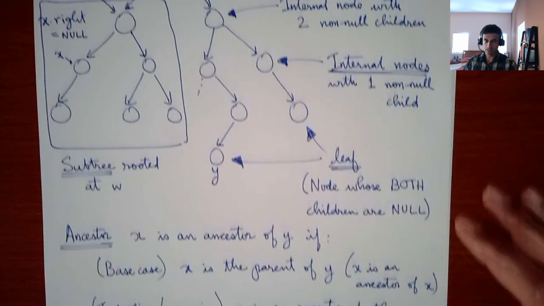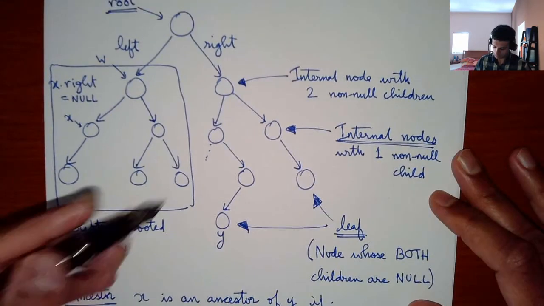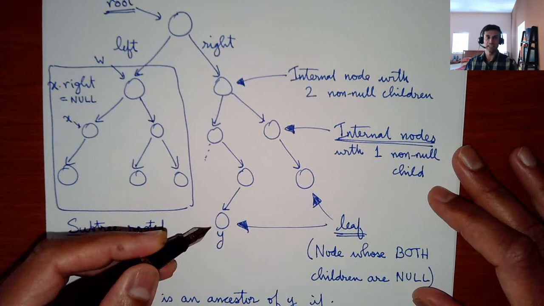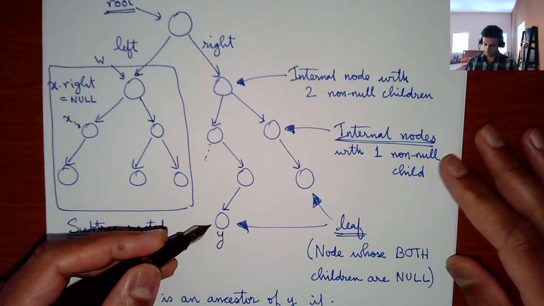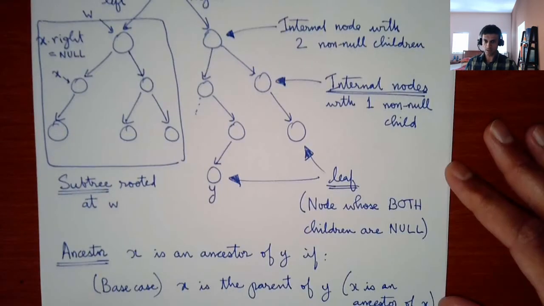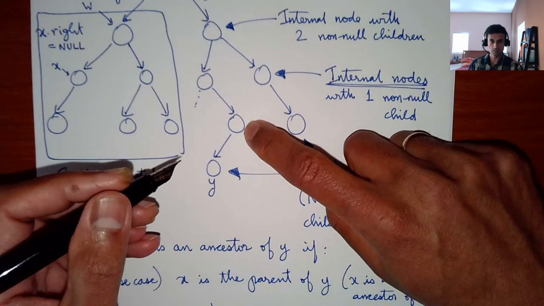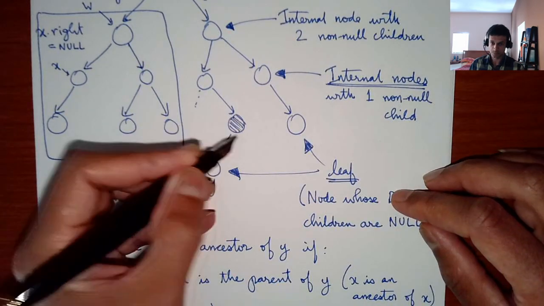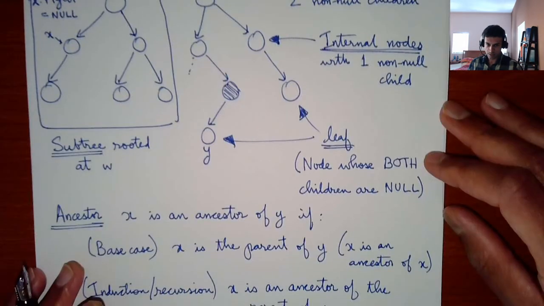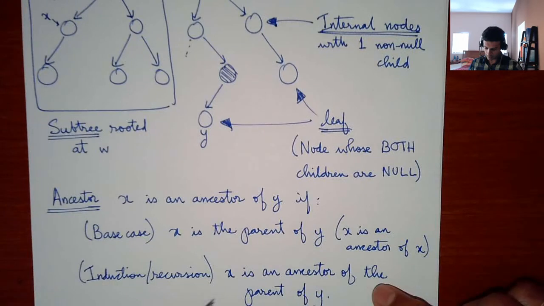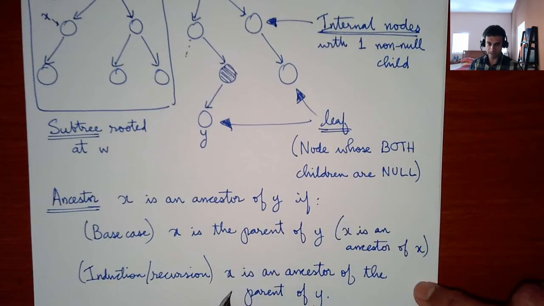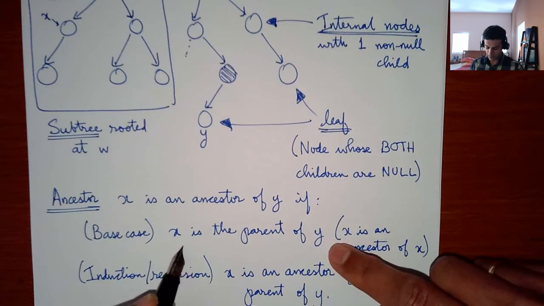Sure. So it relates to the tree, you mean. So, okay, let's look at what the ancestors of Y are. So we said X is an ancestor of Y if X is the parent of Y. So clearly that's an ancestor right there. So I'm just going to shade the ancestor. Okay, that's an ancestor. But we also said X is an ancestor of Y if X is an ancestor of the parent of Y. And we know that the parent of a node is an ancestor.